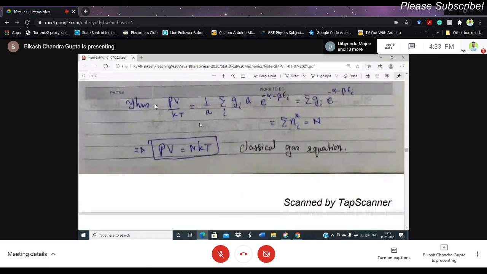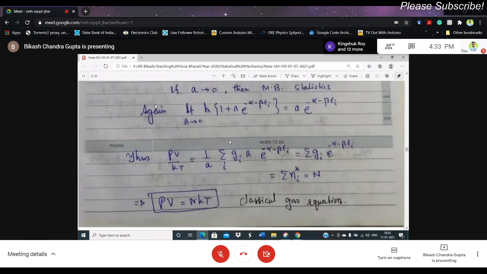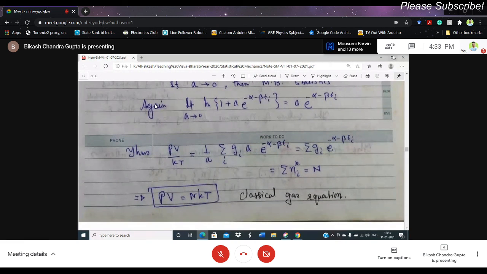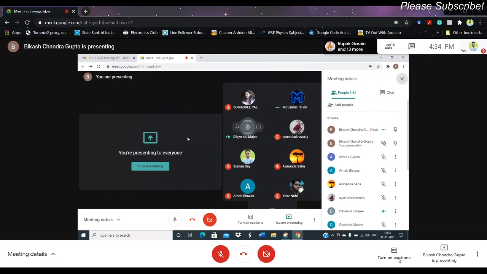So it does reproduce the equation of state of the classical gas. Up to this I have done today, and then we'll meet again on Thursday.